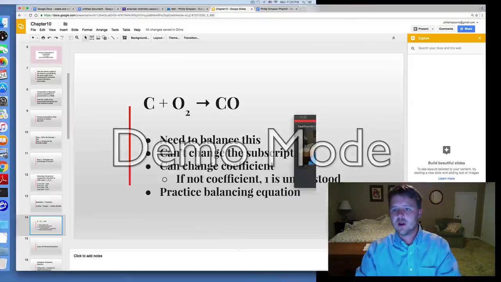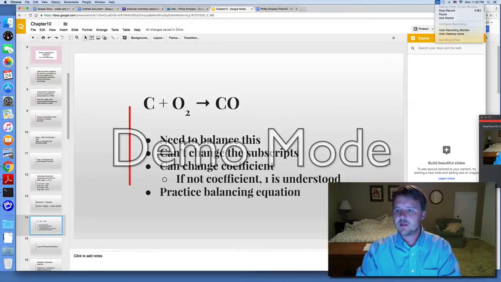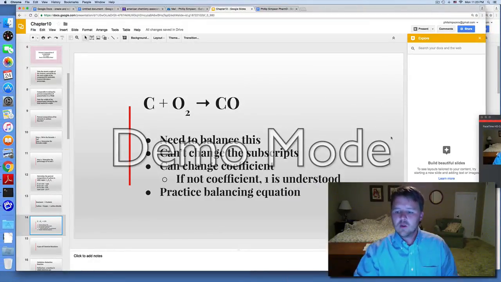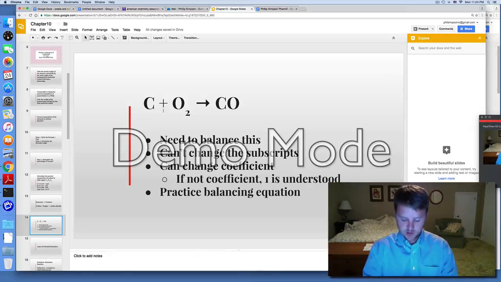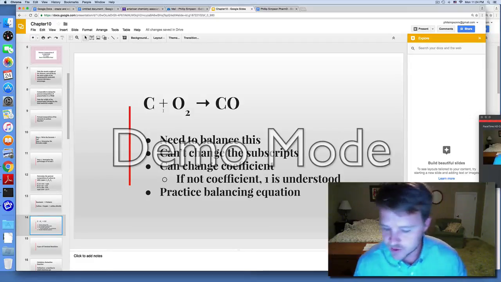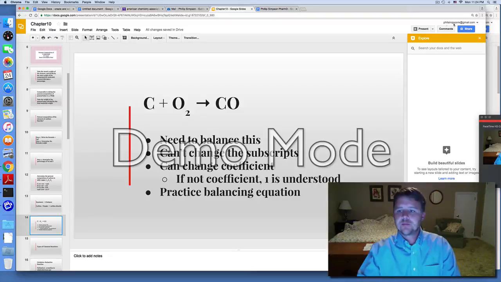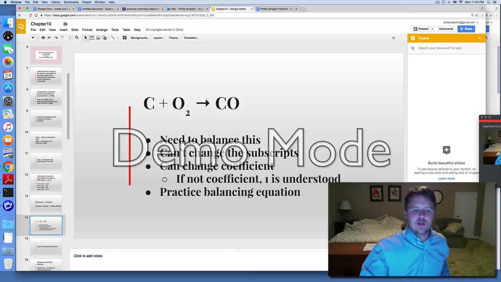Let's see now. I'm trying to figure out how best to say this. Okay, so in this example, I want you to be able to balance the above equation. So there's one simple rule when you balance equations. Do not change the subscript numbers. So this gives us an example.